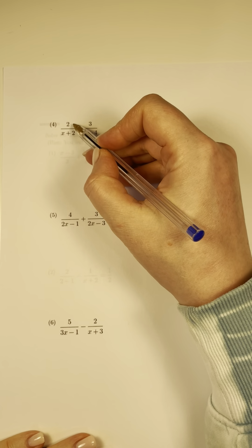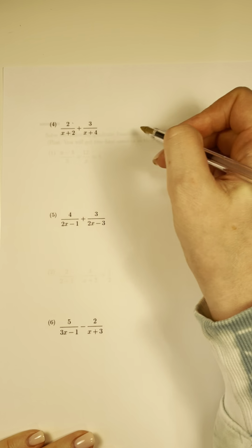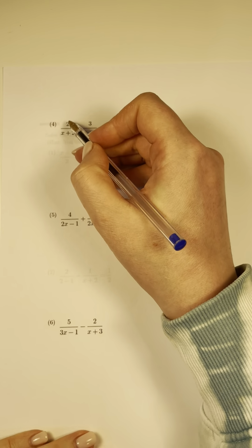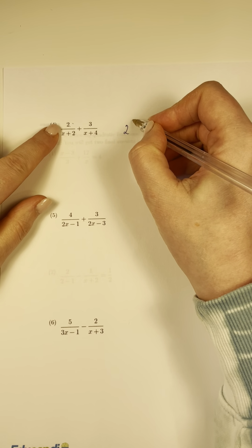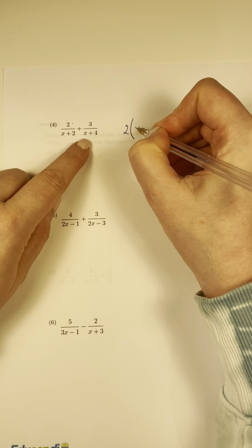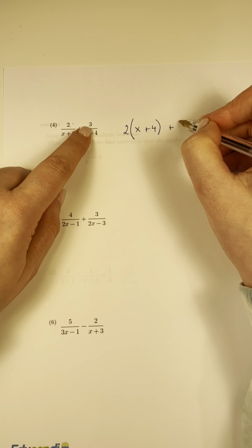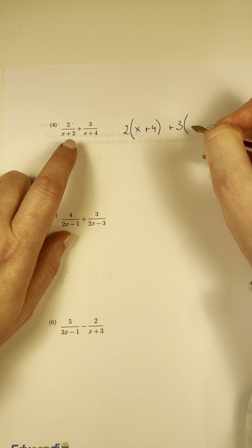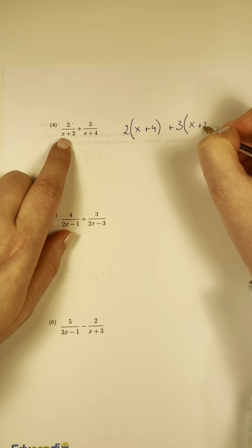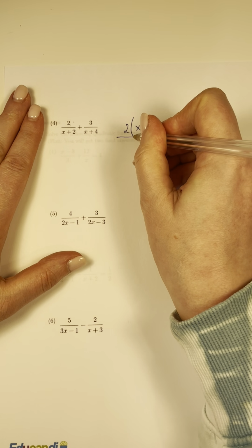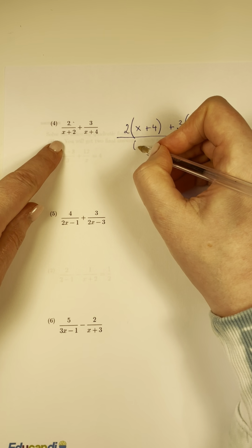Well, it's sort of like you cross multiply and then put it all over the same thing, right? So you go like this, 2 times x plus 4 plus 3 times x plus 2 all over everything across the bottom.